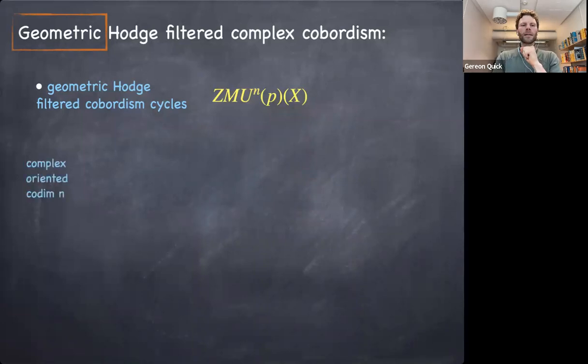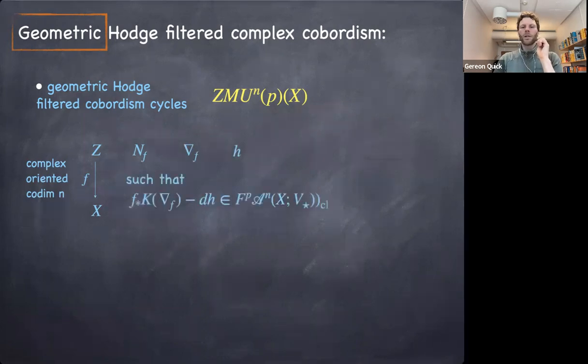The data we need is: we have our complex oriented map of codimension n. We choose a representative of the stable normal bundle, we choose a connection nabla F, and then also this current H, which satisfies this condition.